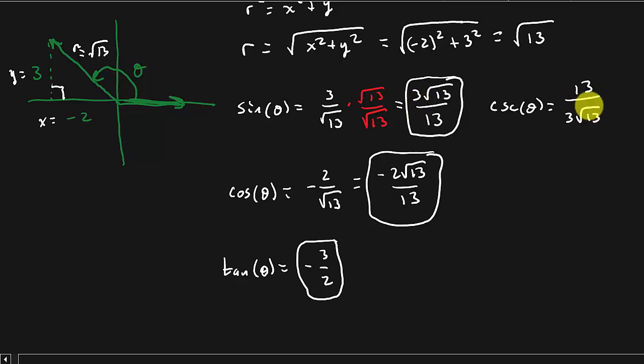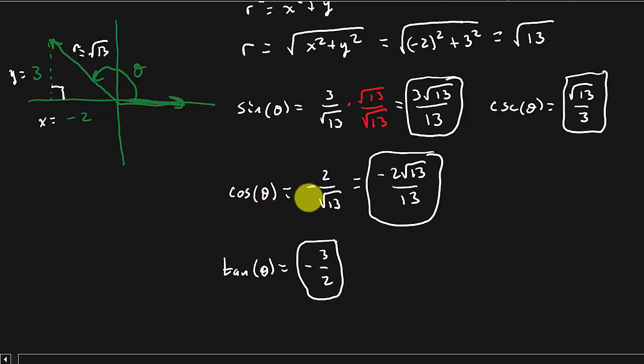But now you have to go and rationalize the denominator. Look at this. Instead of flipping this one, isn't this the same thing as 3 over square root of 13? It's the same thing. So why not just flip this one? So that's just square root of 13 over 3. And see, now you don't have to rationalize the denominator.